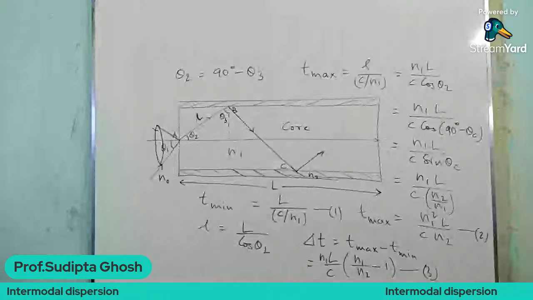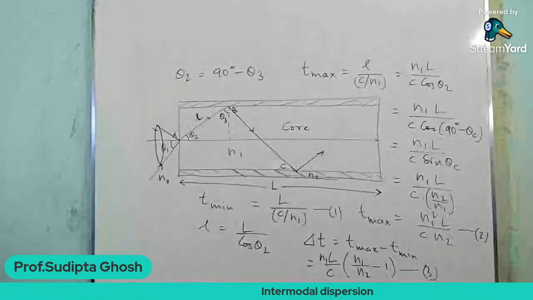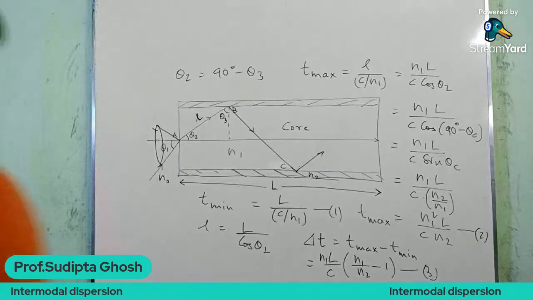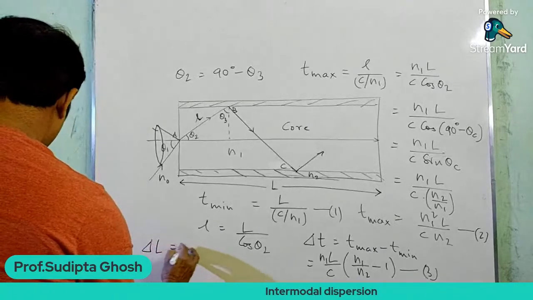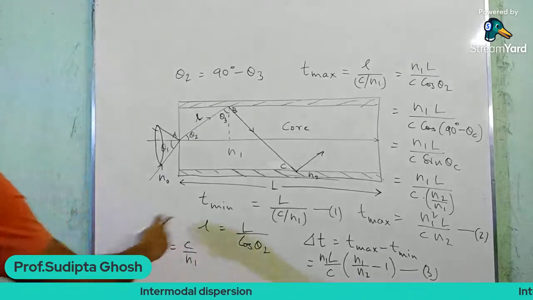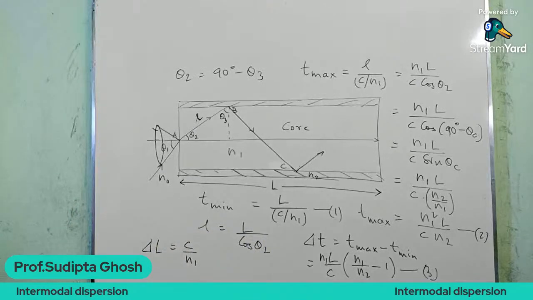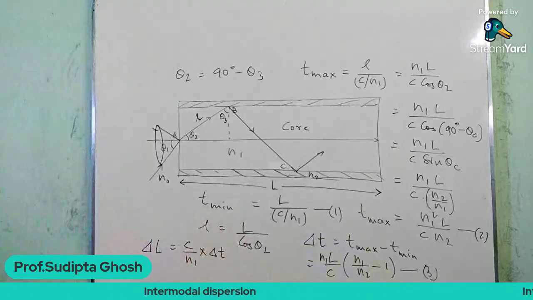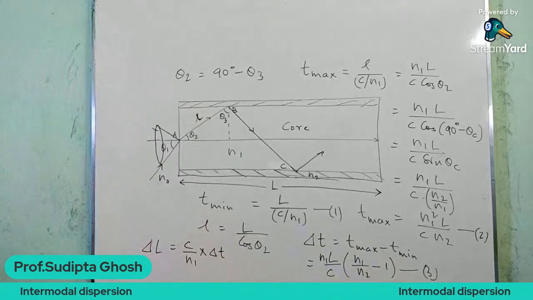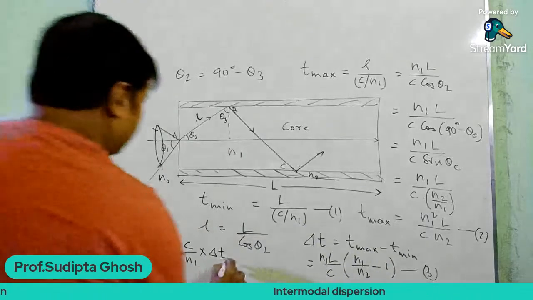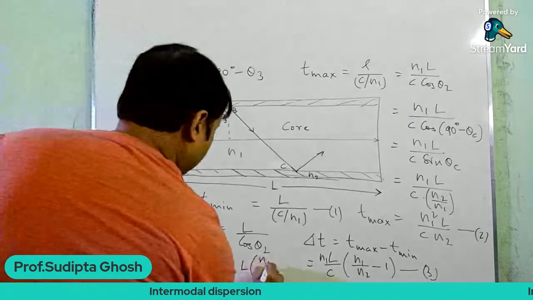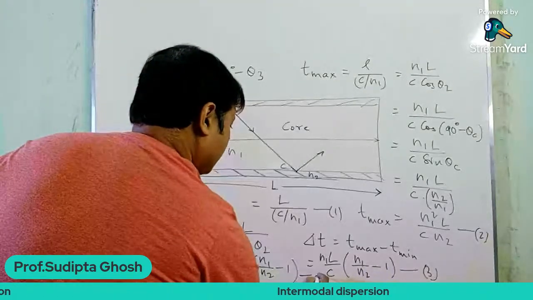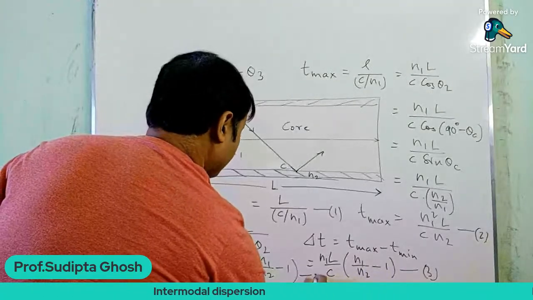For this particular time interval, the ray must be spread in space by a length, capital L. Multiplying the velocity of the light ray inside the fiber, c by n1, with this time interval delta t, we have delta L equals capital L into n1 by n2 minus 1. Let it be equation number 4.